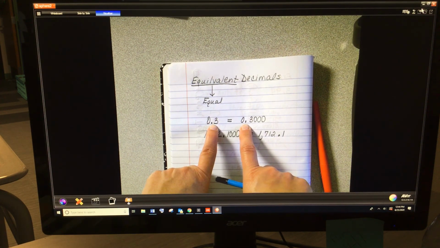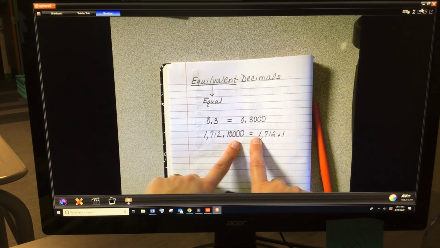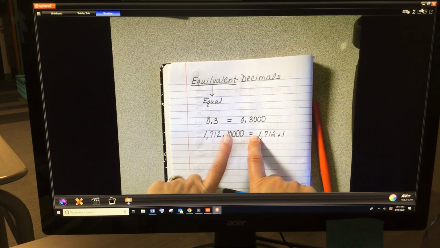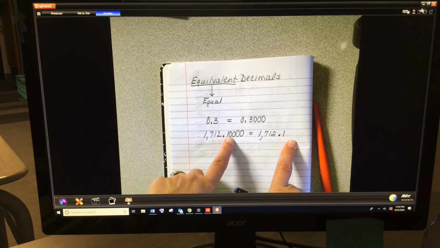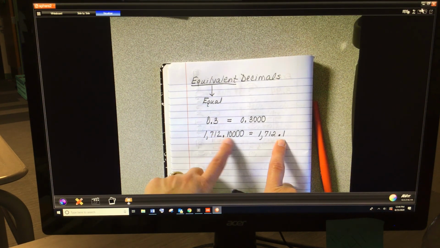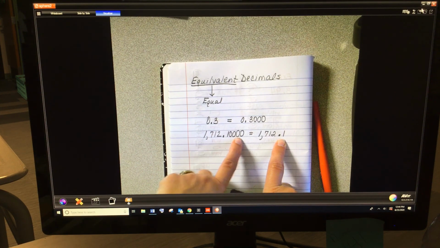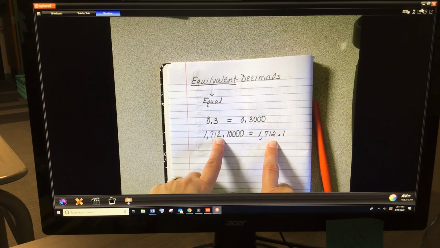Okay? So you're going to have some practice today with that concept. Making equivalent decimals. You're either going to take away zeros or add zeros, okay? But remember, no matter how many zeros we add at the end of the decimal or take away, if the true numbers, the counting numbers, stay the same, then they are equal.